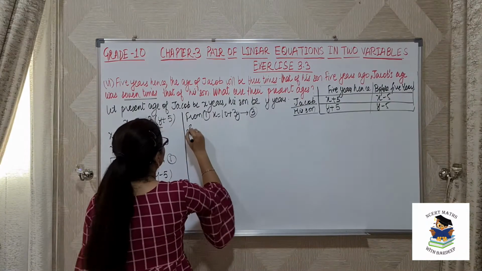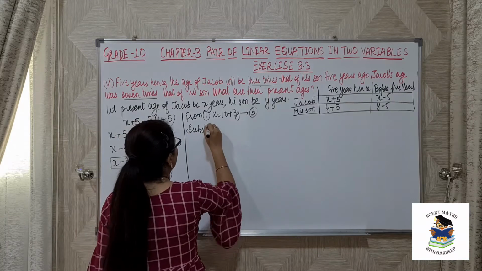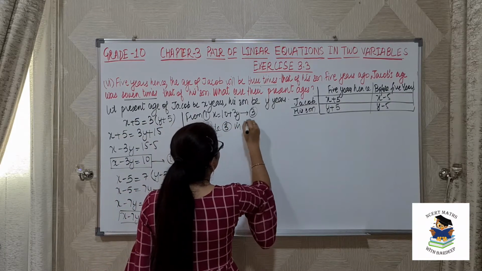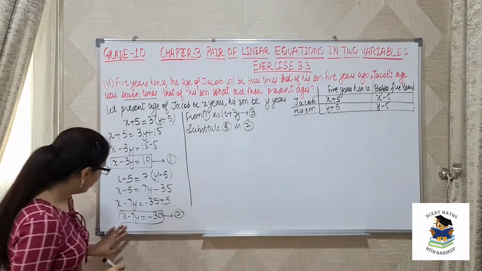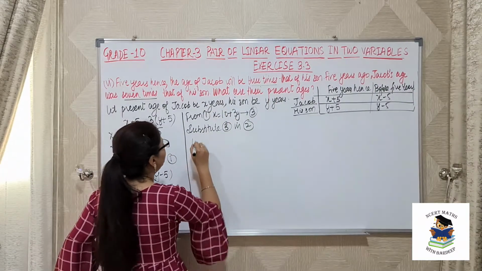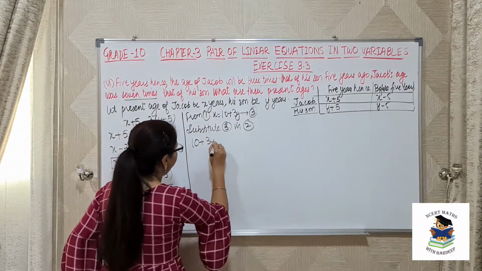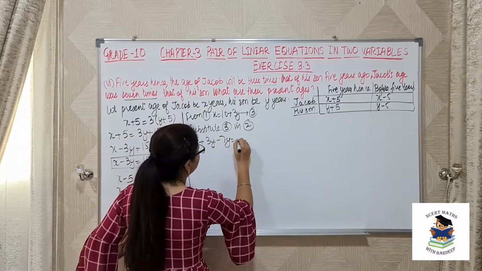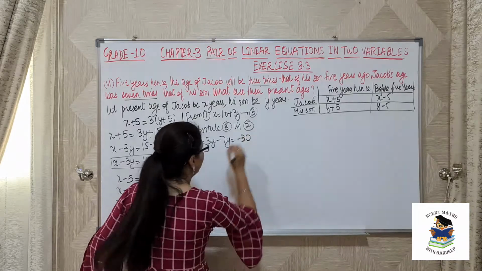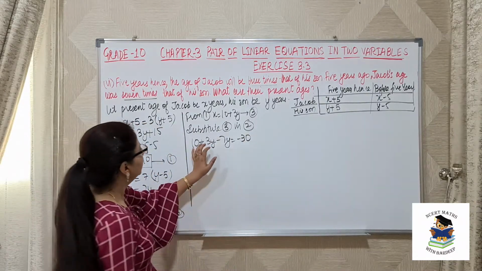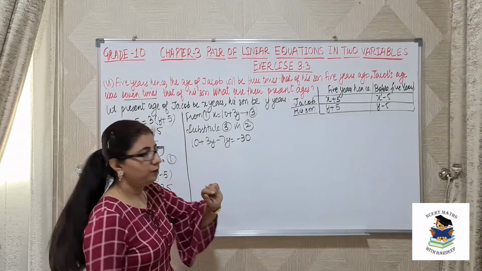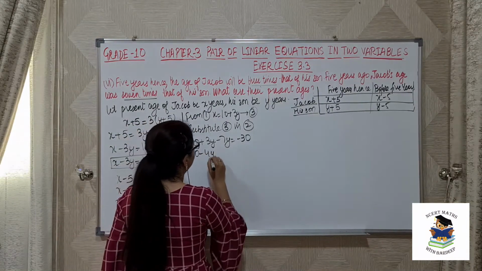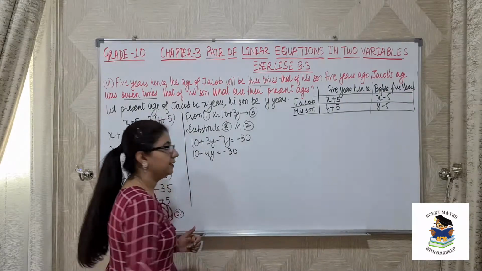So substitute 3 in 2. Now x, that is this value, 10 plus 3y minus 7y equals minus 30. Okay, so again 3y minus 7y is minus 4y, so 10 minus 4y equals minus 30.